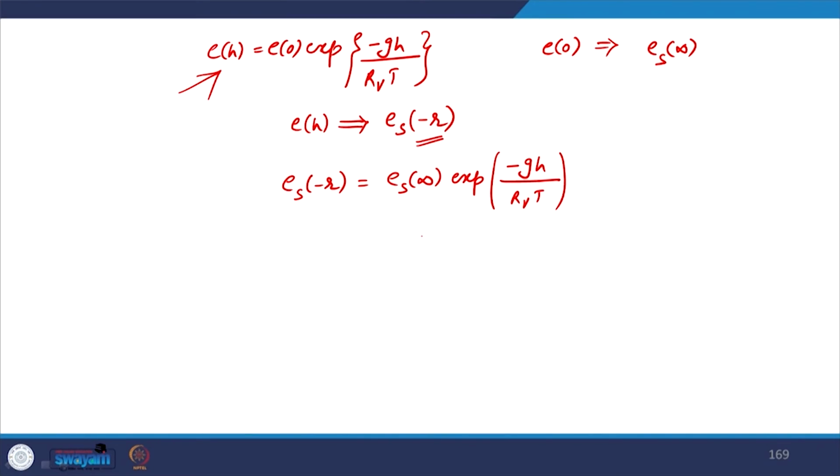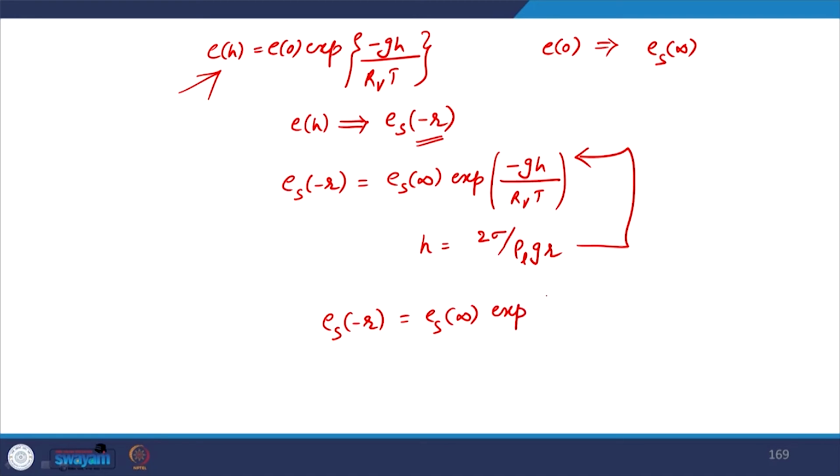Now, from the earlier derivation, we have already seen the height of the meniscus where the forces balance each other was 2 sigma by rho L g R. Now, we can use this in this expression, and we can write Es of minus R is Es of infinity times exponential of minus 2 sigma by R divided by Rv rho L times T.